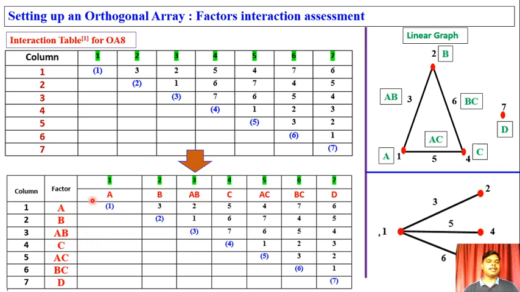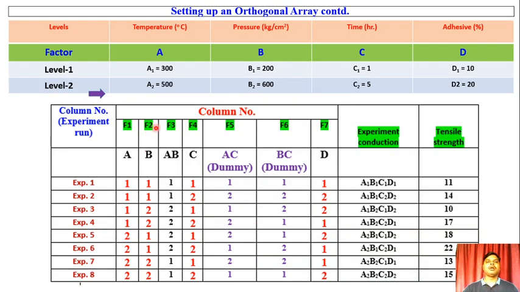That is clear, I think, because we have seen that in the row and column the column numbers are mentioned and factors are assigned, and we can find out their interaction. So now we'll talk about our particular case, how to set the factors in the table and how to find out the response.